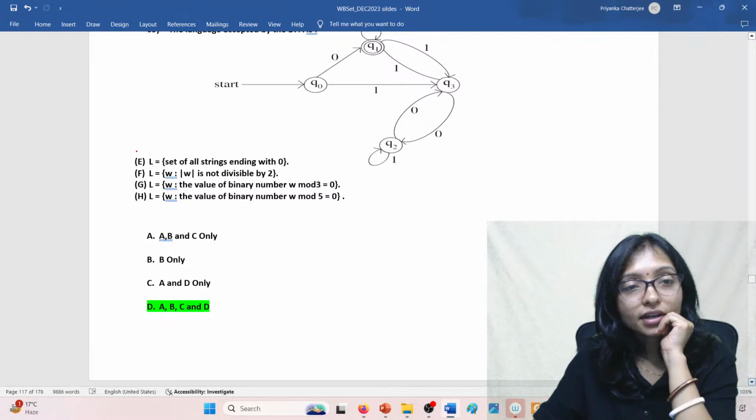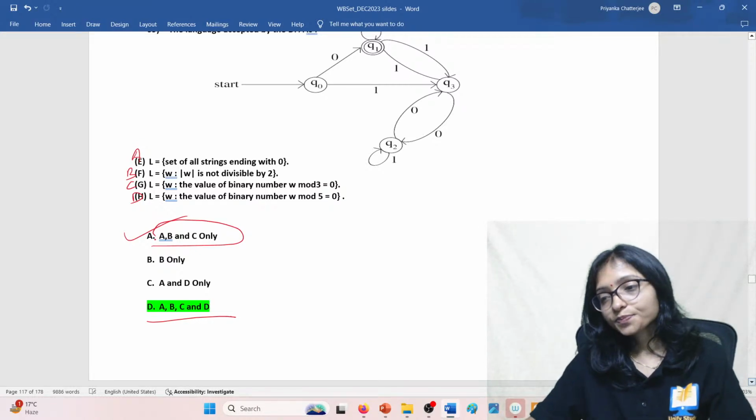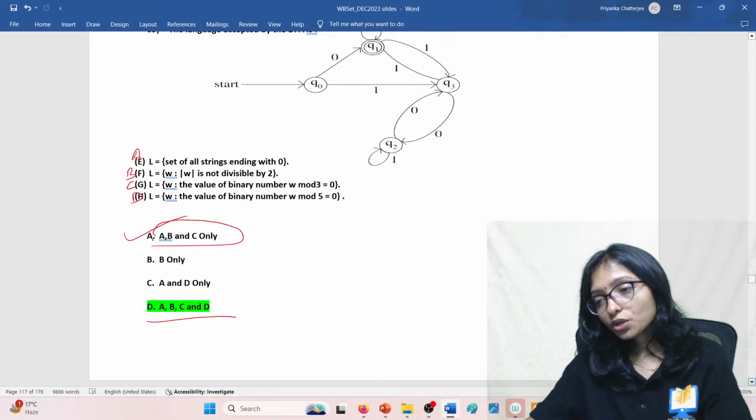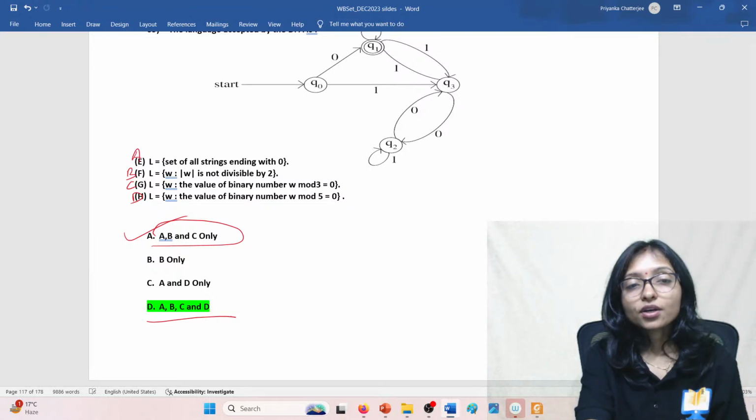But they gave A, B, C, D all are correct. According to me, A, B, C is coming only; D is not coming. So option A only.